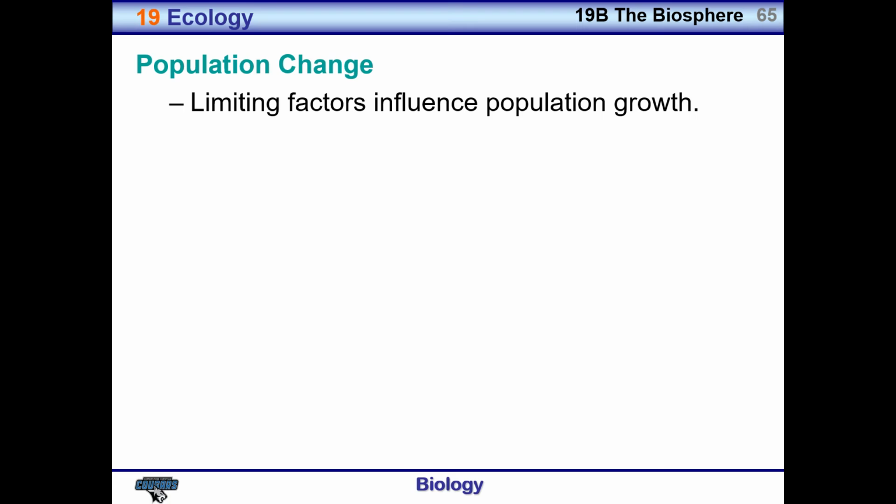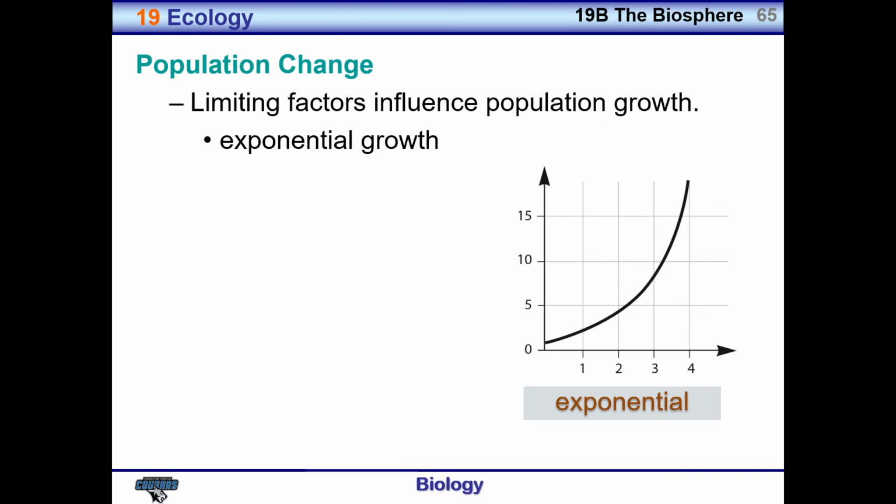Now, how do limiting factors influence population growth? Well, if there are no limiting factors, then we would expect exponential growth. That means, as you look at the diagram down here toward the right, notice that as you proceed to the right in the graph, it's going up more steeply.